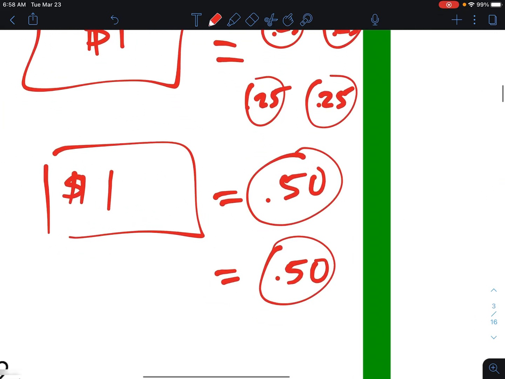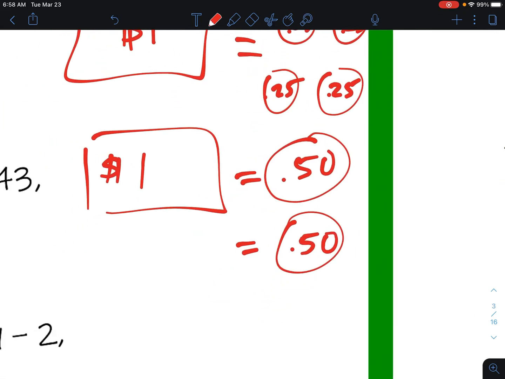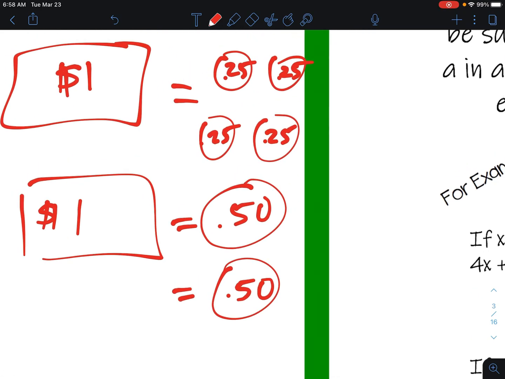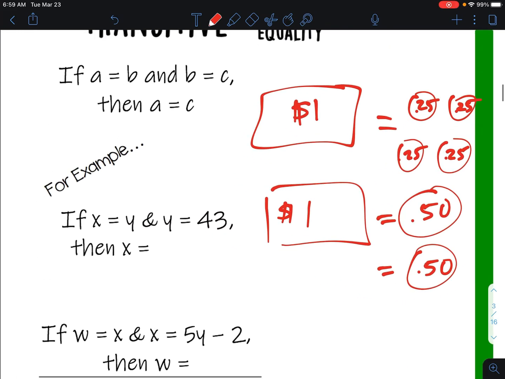Okay? Well, what can I say about 4 quarters and the 2 50-cent pieces? Since both of them are equal to $1, I can say 4 quarters is equal to 2 50-cent pieces, using the transitive property.